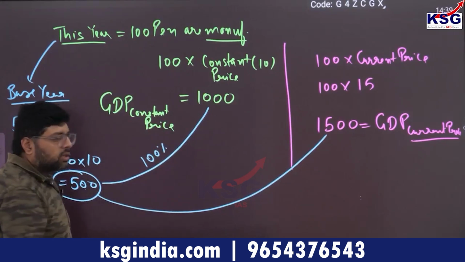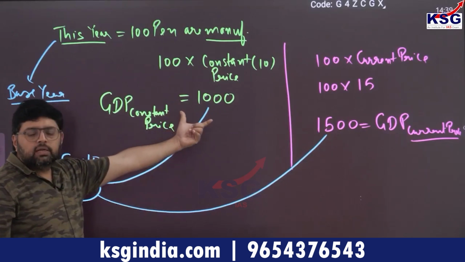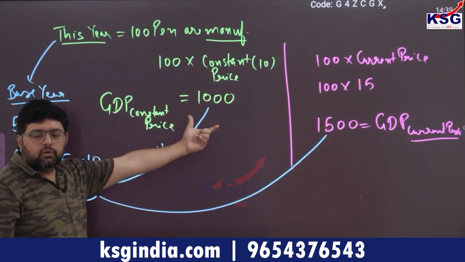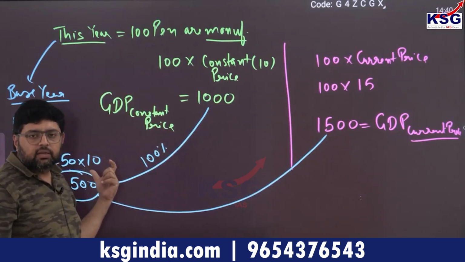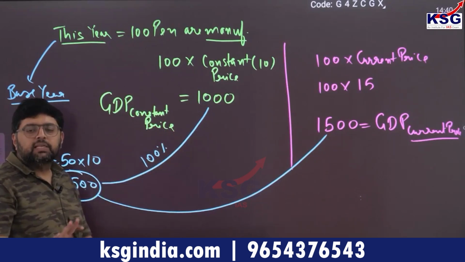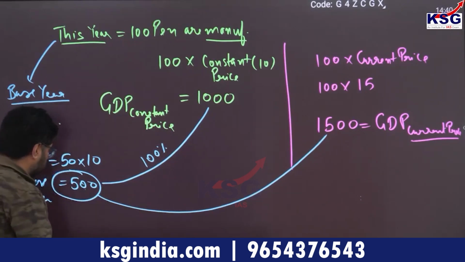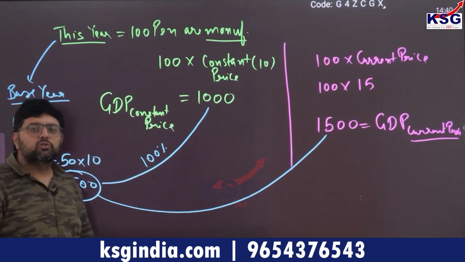Here growth rate is 100%, and we assume that there is a gap of 10 years between the current year and the base year. For example, today it is 2024, and I assume that base year is 2014, although in actual the base year is 2011-12.